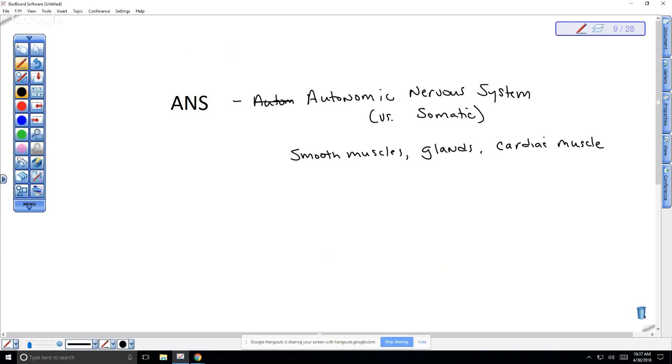And we'll talk about this, but we also have autonomic reflexes. So what was an example of an autonomic reflex that we looked at in lab? Not the hearing part. That wasn't a reflex. That would have been the pupillary reflex, right?